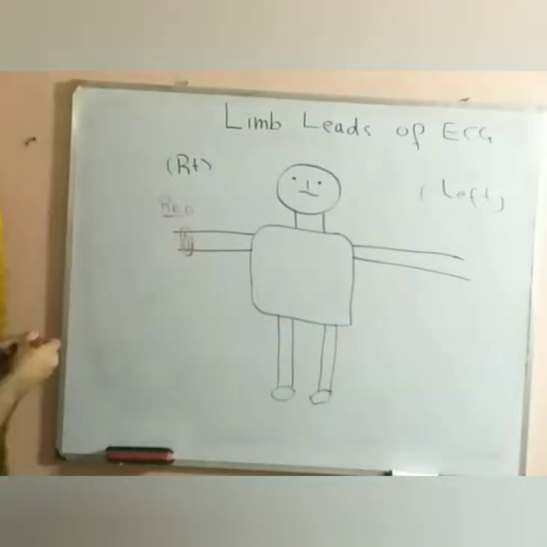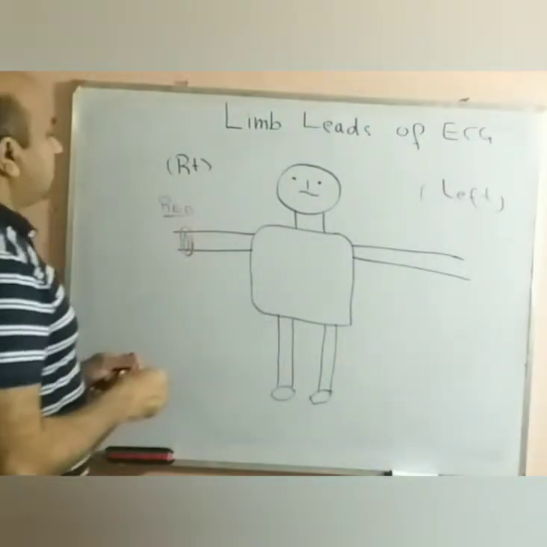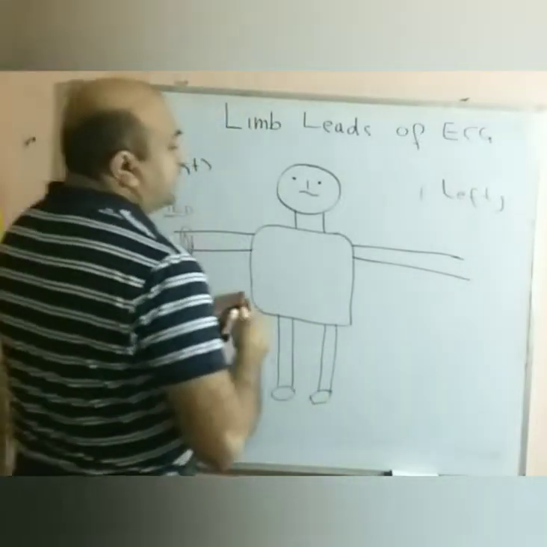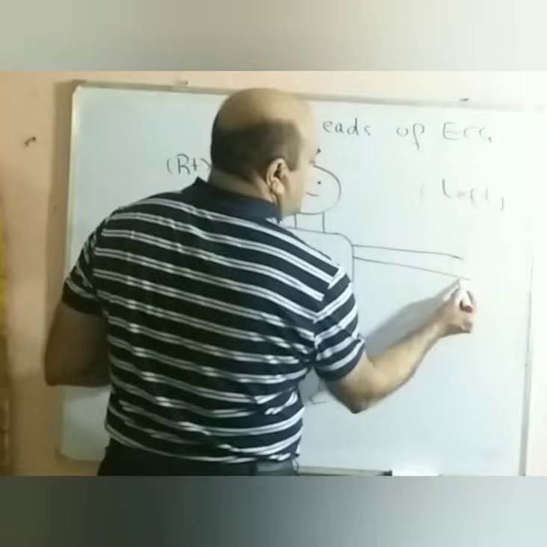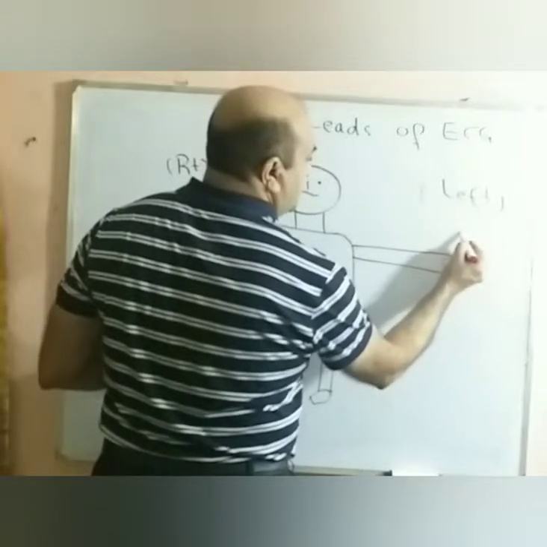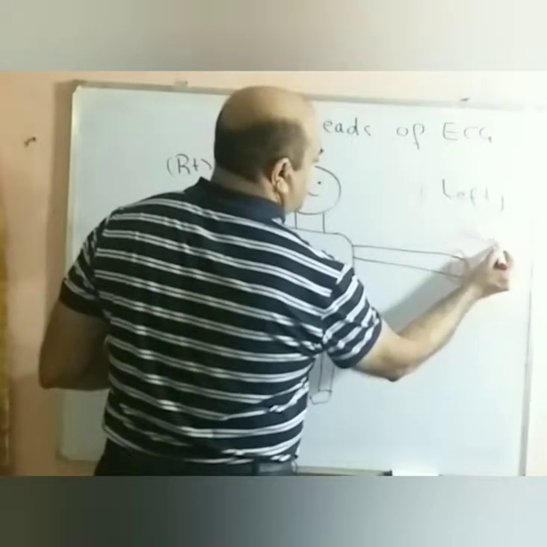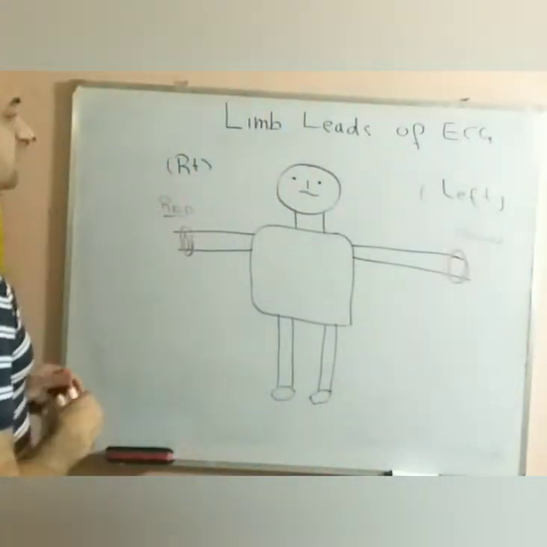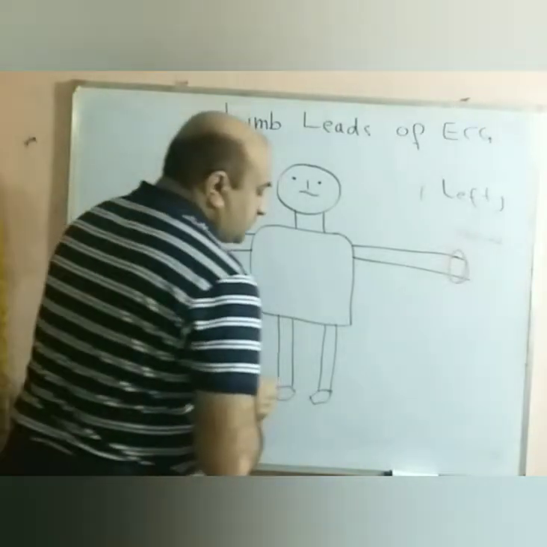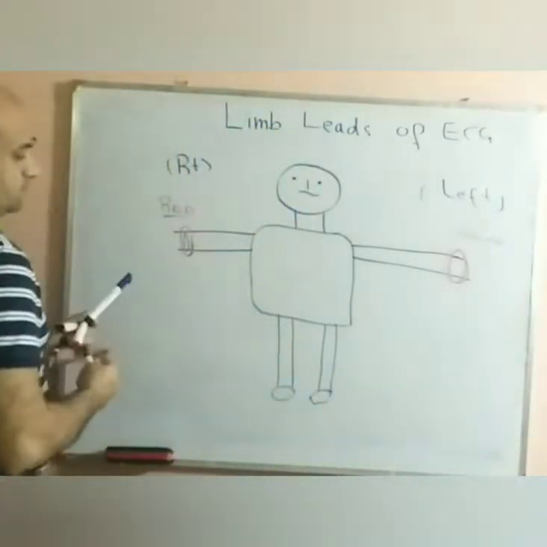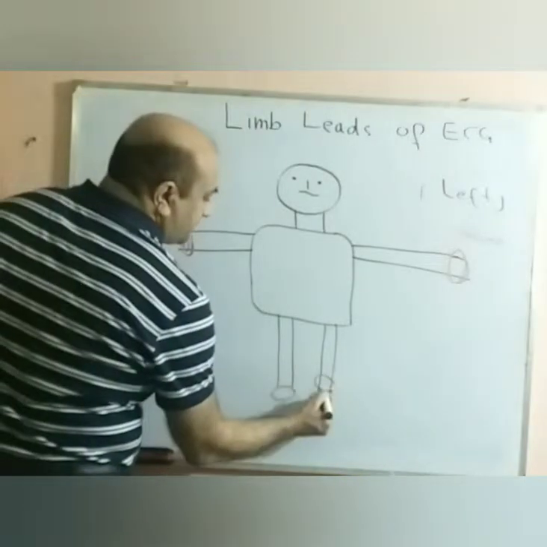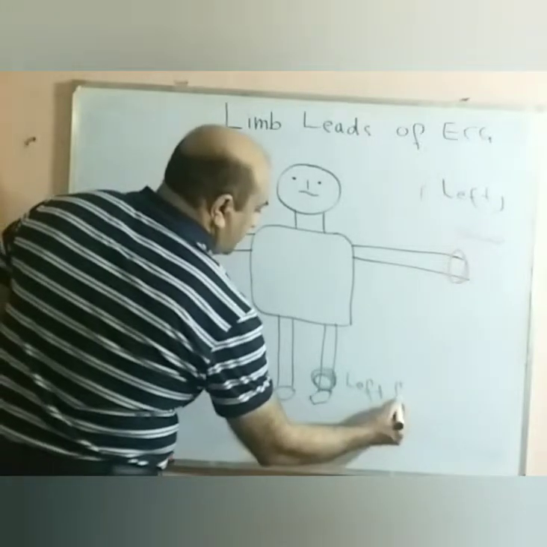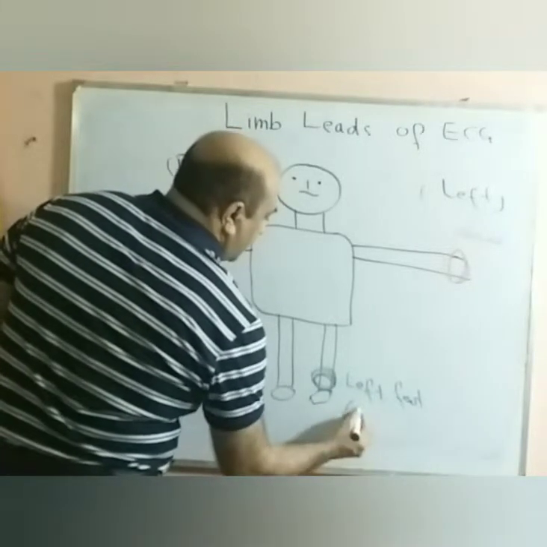The lead he placed on the left forearm is yellow in color, on the left side. Now another lead was placed which was green in color. It was placed here on the left foot.